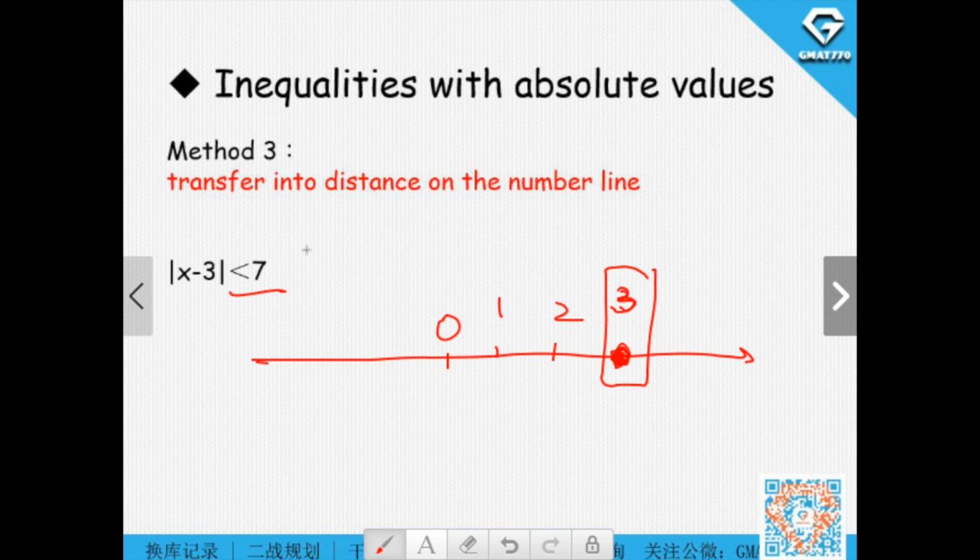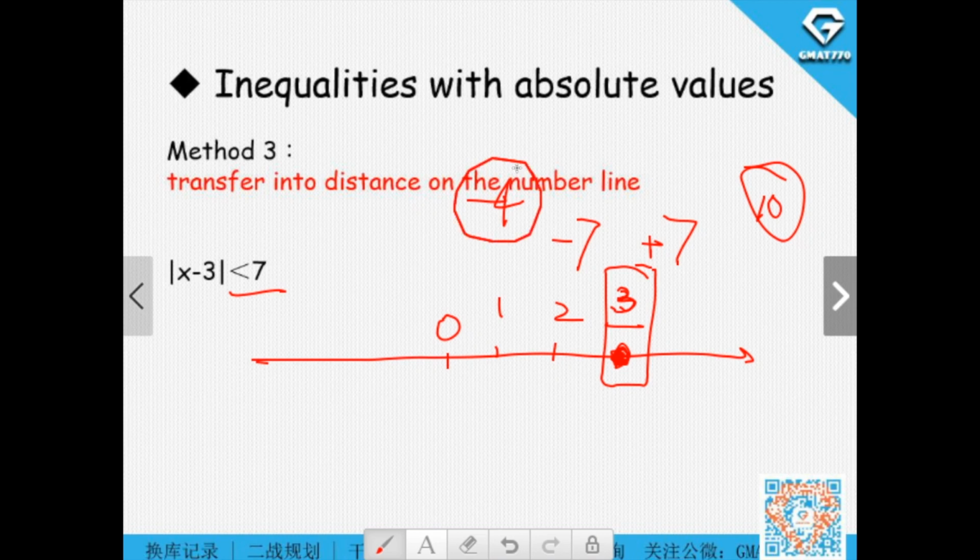First, we can find those points whose distance equals 7 to point 3. You can use 3 plus 7 and minus 7 to get those 2 points, point 10 and point negative 4. These 2 points have a distance equal to 7 to point 3.